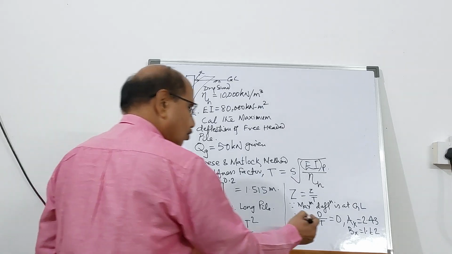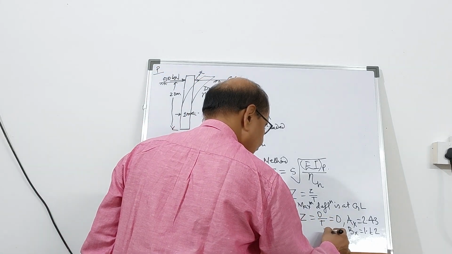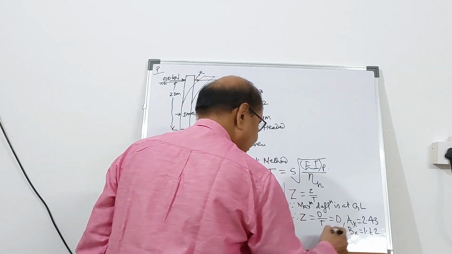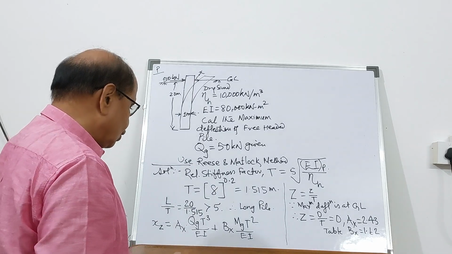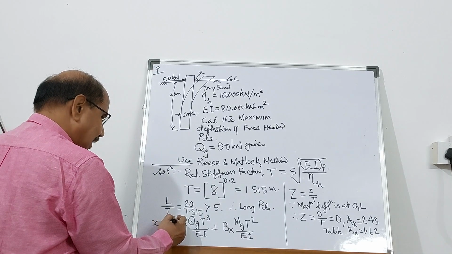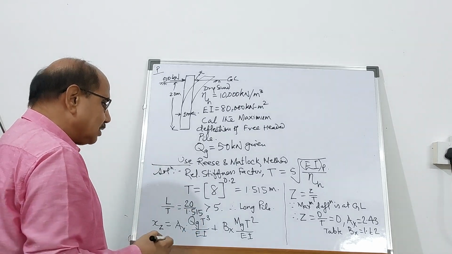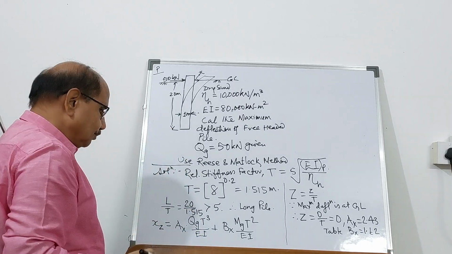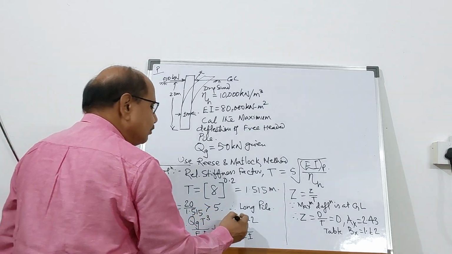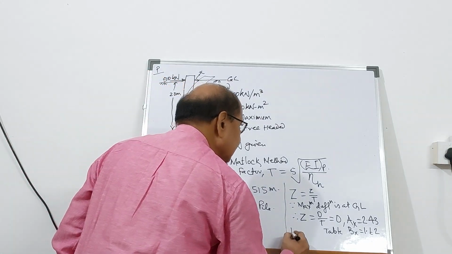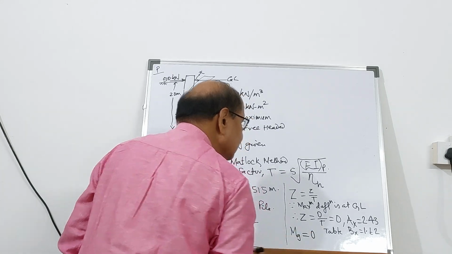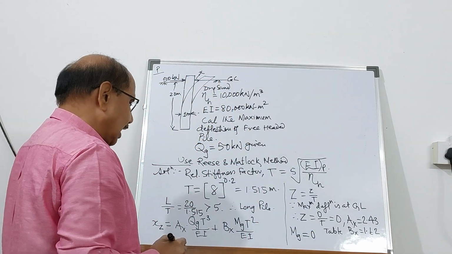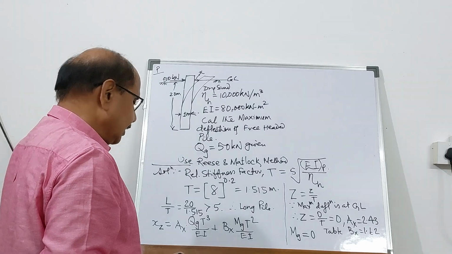We can find these from the table given by Rees and Matlock. Now in this problem, Mg, the moment at the ground level, is 0 and Qg is 50.